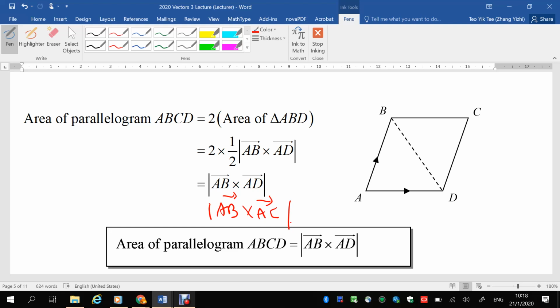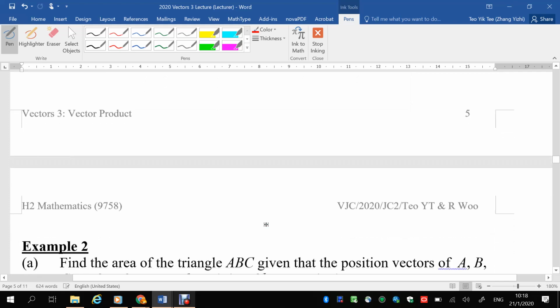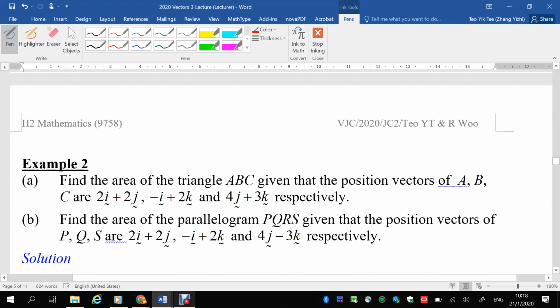So instead of using AB cross AD, can I use AB cross AC? Can, right? It's just that I'm using another triangle. So again, the possibilities are limitless. As long as you give me the area of two triangles, which triangle you want to use is your choice. Can? Okay, one numerical example to run you through.